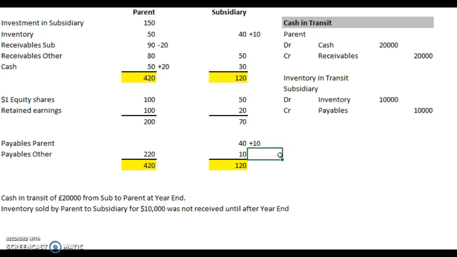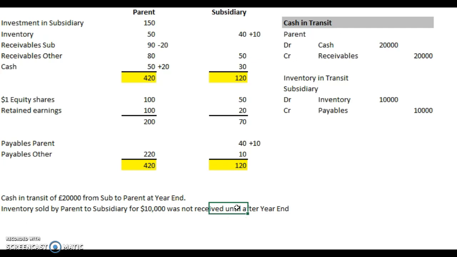Okay, so that is the adjustments. These are going to balance because they're both on the same side of the balance sheet. That's still going to be 420. This is going to increase to 130, as is this. And then we've done the two cash in transit and the inventory in transit items.